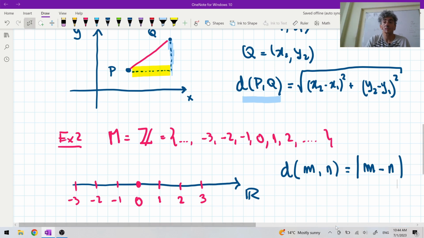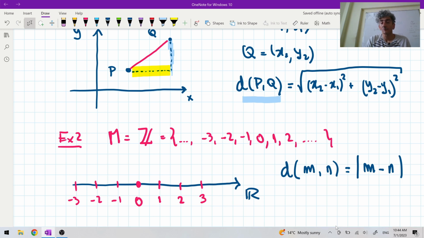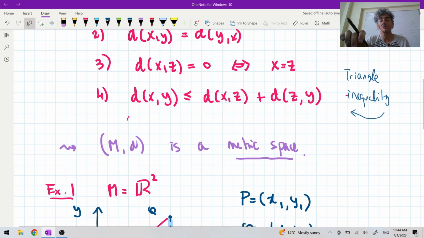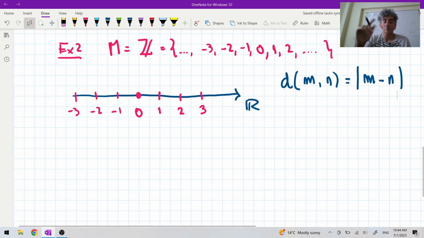Obviously, absolute value is a non-negative result. It is symmetric because the absolute value eats up the signs, and it obviously satisfies the triangle inequality. And for the third property, different integers have positive distance between them.